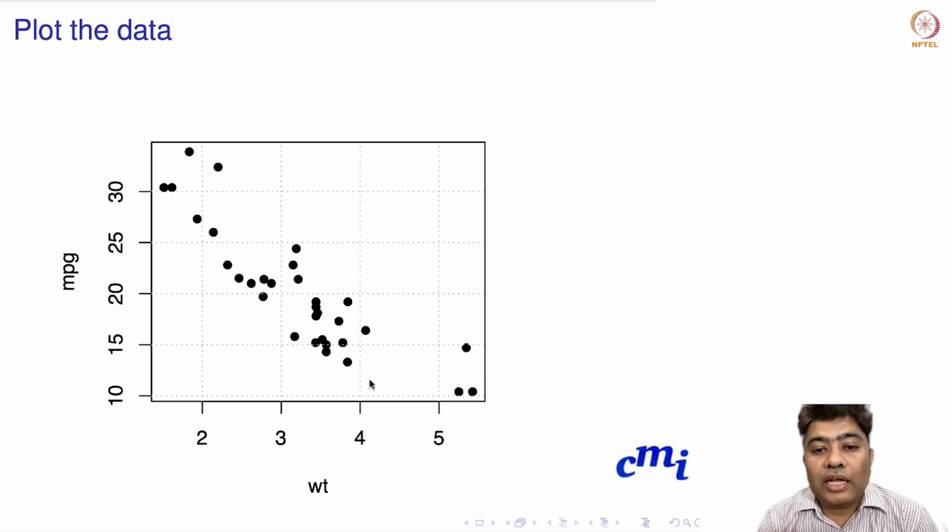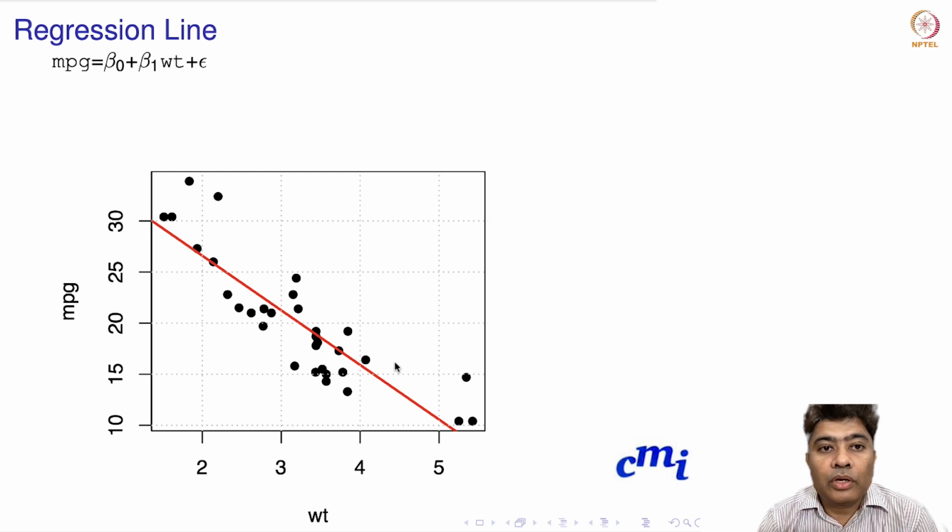So we see a negative relationship between the weight and the miles per gallon. Naturally, we would like to fit a straight line to begin with: miles per gallon as a function of beta naught plus beta 1 times weight plus some error.